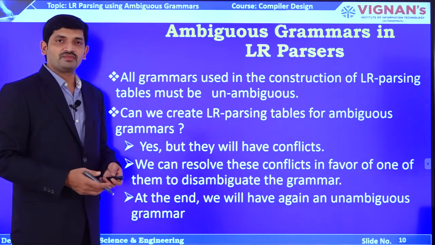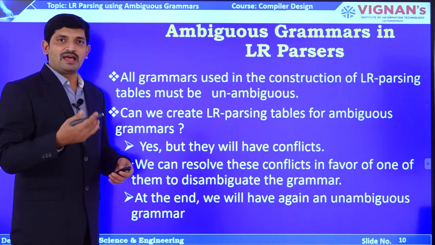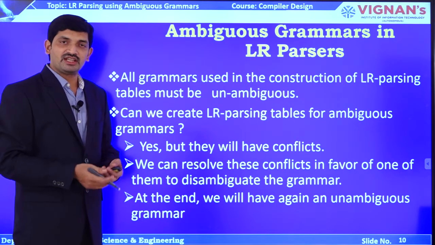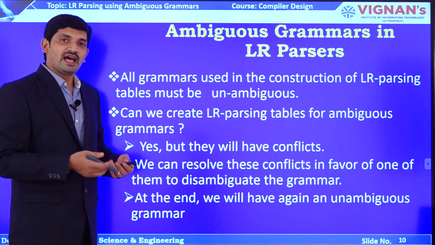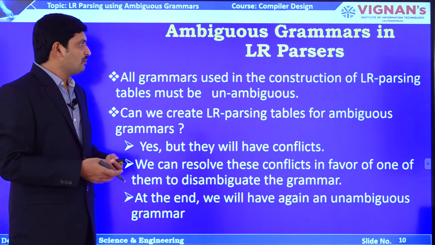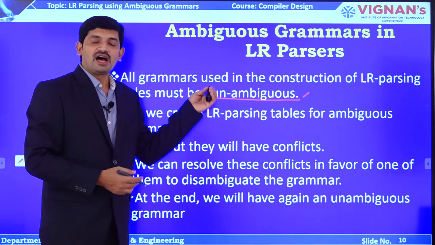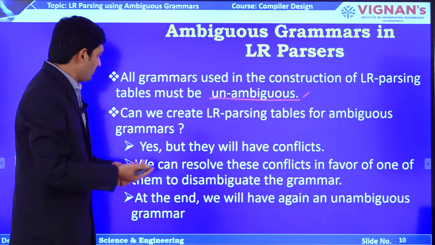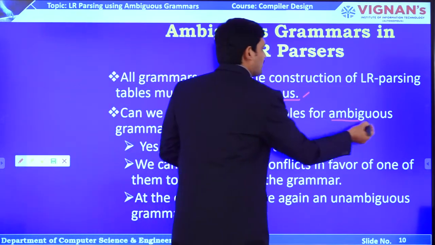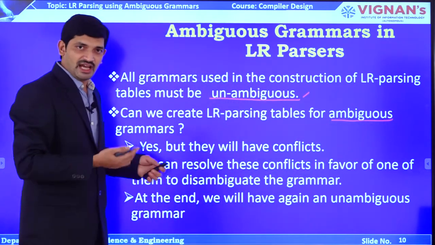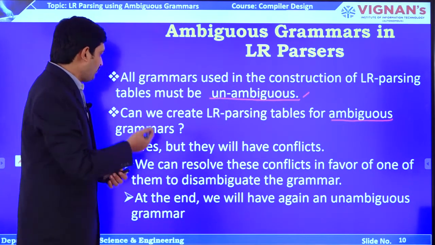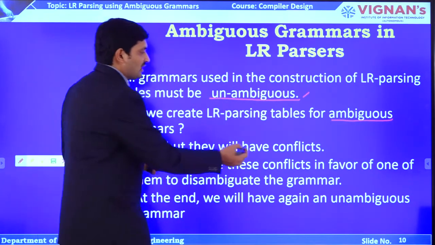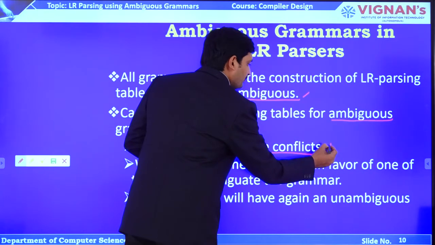Now there is a question: can we parse ambiguous grammars on LR parsers? Yes, we can parse ambiguous grammars also. But more probably we take unambiguous grammars in the parsing process, though we can also use ambiguous grammars. But the problem, as we already discussed, is that if you use ambiguous grammars, the conflicts are more.